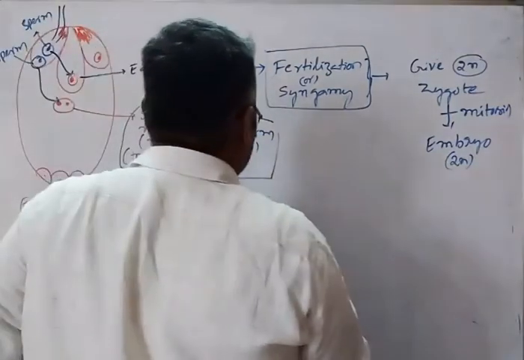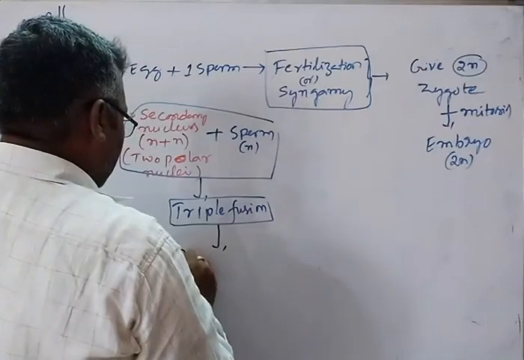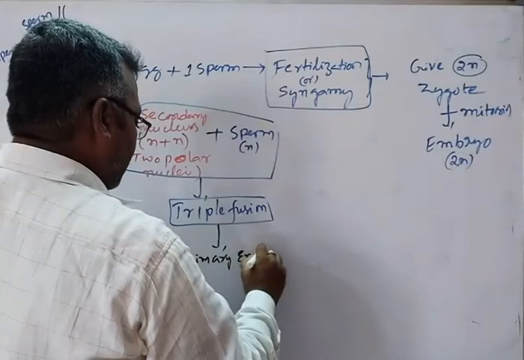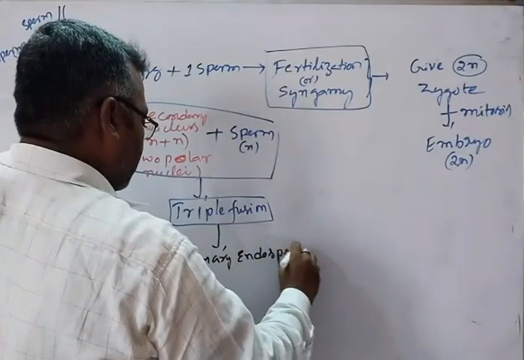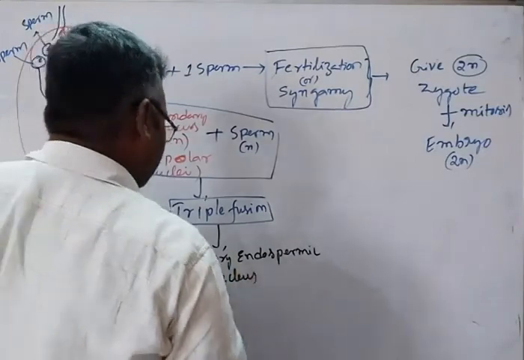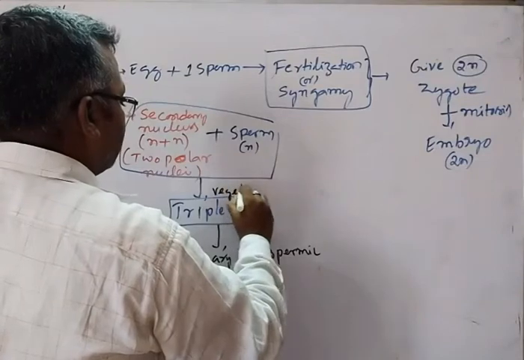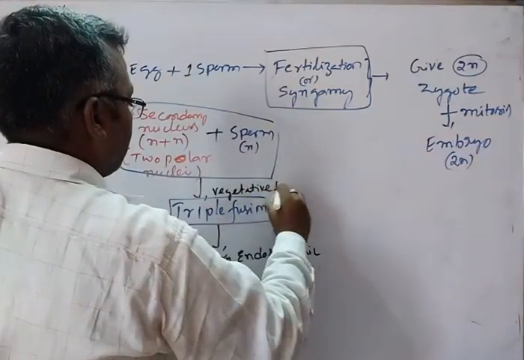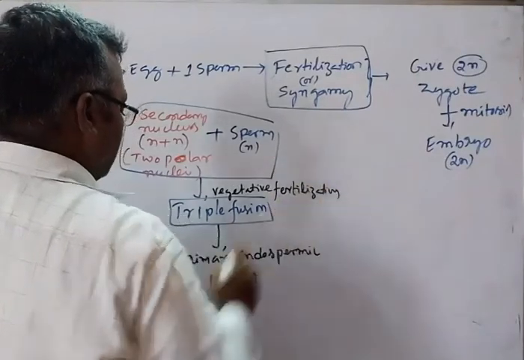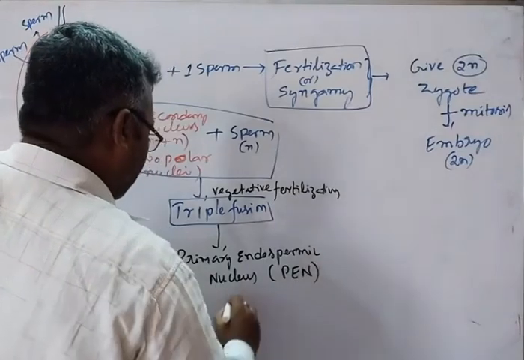This triple fusion results in the formation of the primary endospermic nucleus. This triple fusion is also called vegetative fertilization. This is simply called PEN, primary endospermic nucleus.